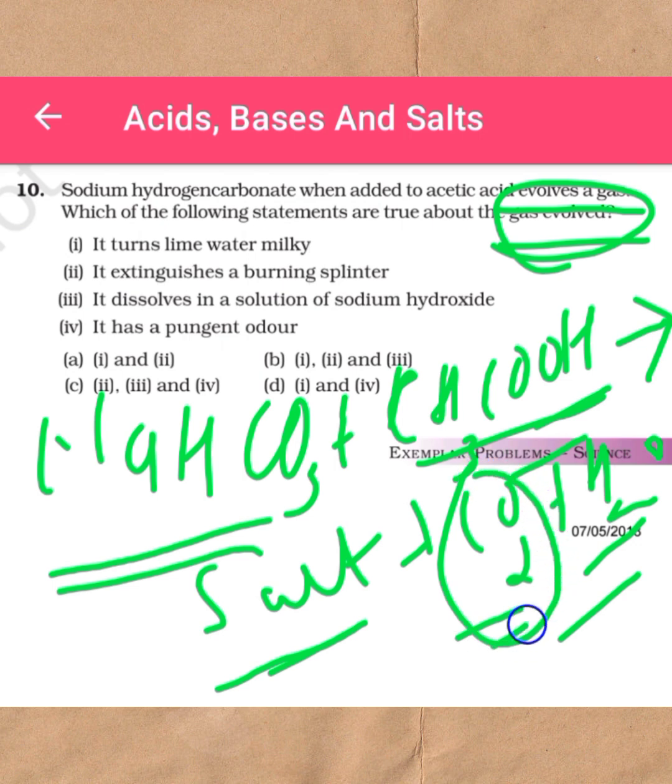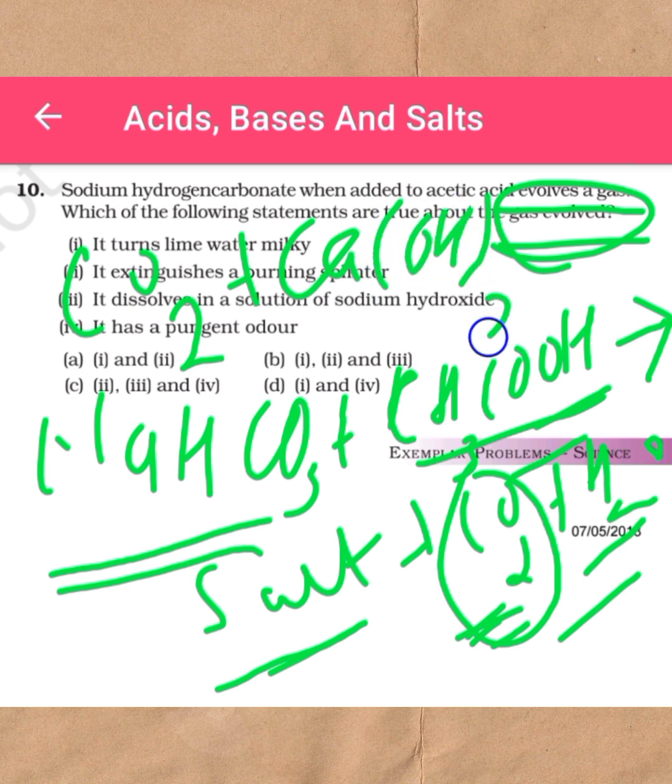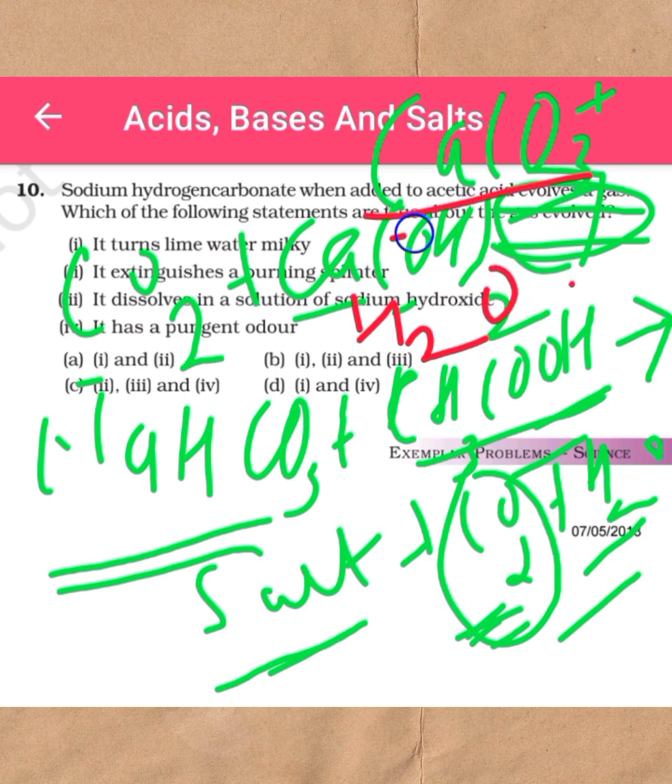This carbon dioxide turns lime water milky. If we react carbon dioxide with calcium hydroxide, that is lime water, slaked lime, it will form CaCO3 along with water. CaCO3 and water will be formed and it turns lime water milky.